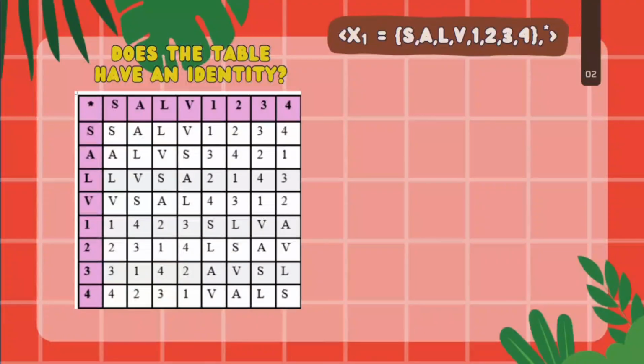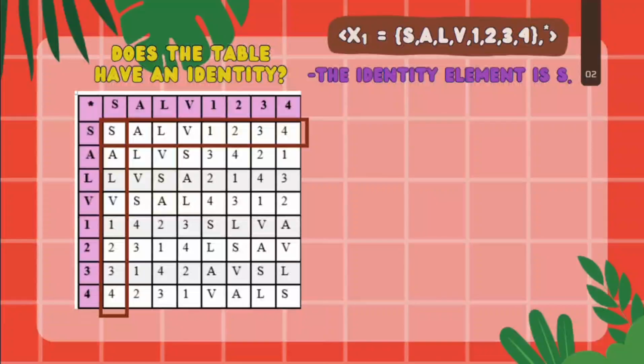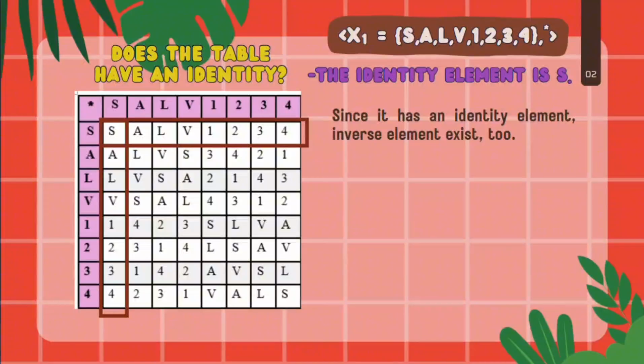Does the table have an identity? Yes, it has, and the identity element is S. Since it has an identity element, inverse elements exist too.